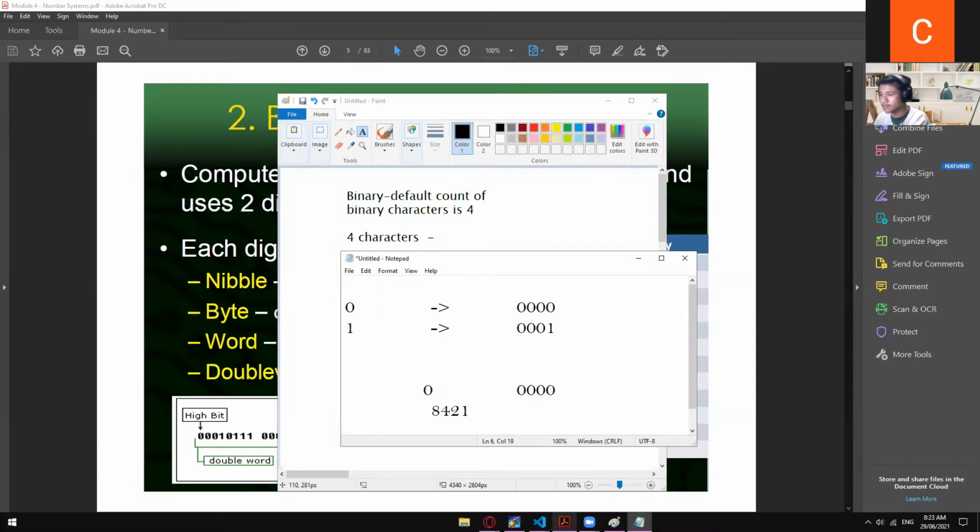Let's say another 0 right here, and instead of 8, this one now is 16. So basically it just keeps on doubling. 8 times 2 is 16. If you have more, just double it again, and here we now have 32. 16 times 2 is 32. And so on and so forth.